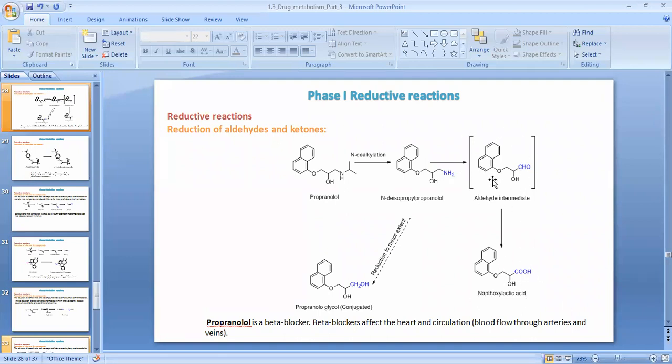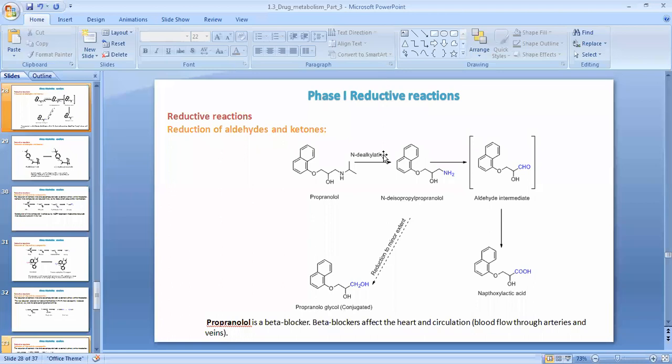And the same drug molecule containing the carbonyl functional group, if it goes for a reductive reaction, is converted into propranolol glycol. But see here, the dotted line is shown. That means this aldehyde molecule, in the majority of cases, will go for the phase 1 oxidation reaction, but to a minor extent, it will go for bioreductive conversion and get converted into propranolol glycol.